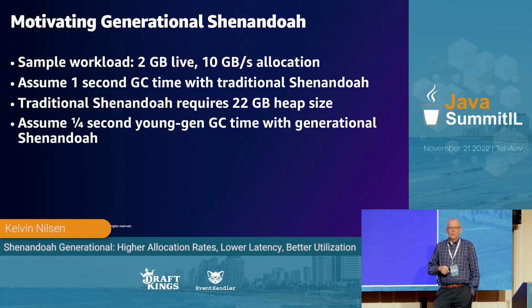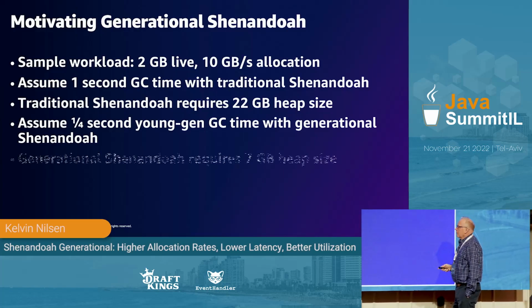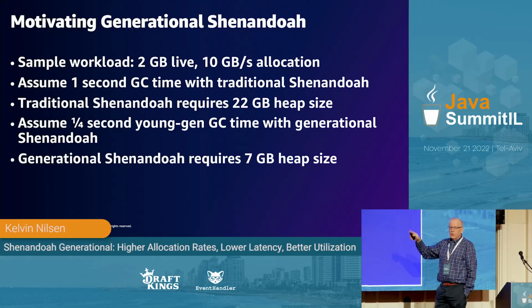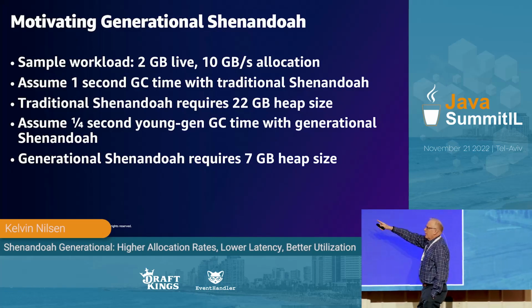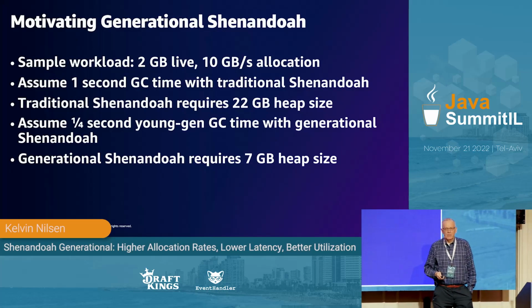And that means I can do 4 garbage collections in the time it used to take me to do 1 garbage collection. And the benefit ultimately is, if you do the same math that I just showed you, you can do this same workload in only 7 gigabytes of heap instead of the 22 gigabytes of heap.